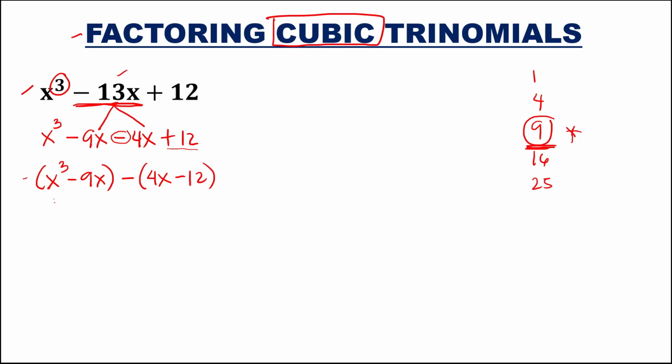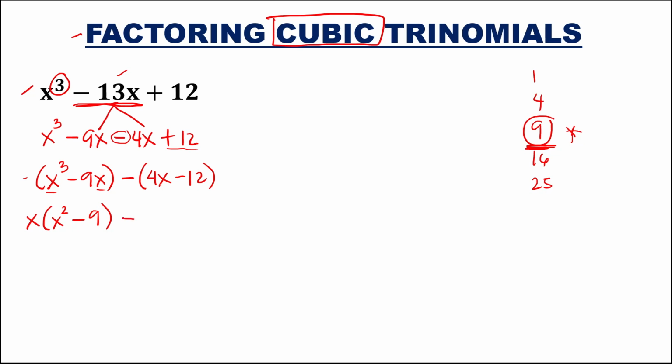So for this group, the common is x. So we need to put x outside. So therefore, this x to the power 3 becomes x to the power 2. Then minus this 9x becomes 9 because we put 1x outside.